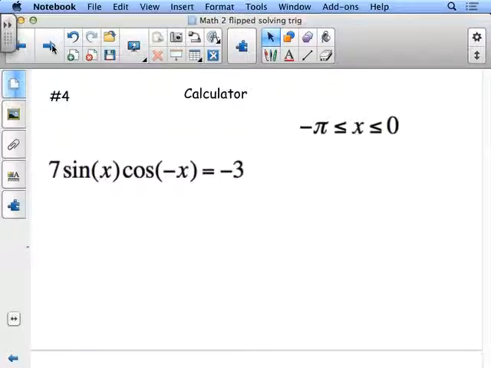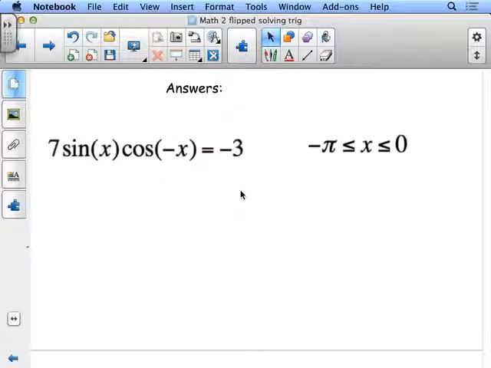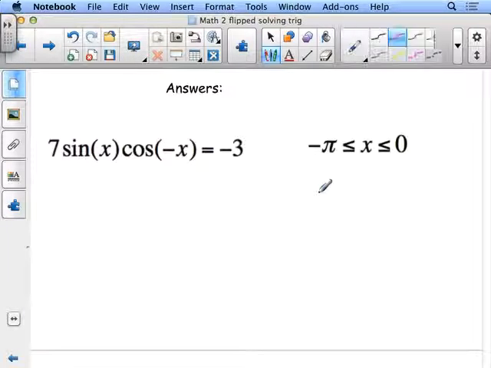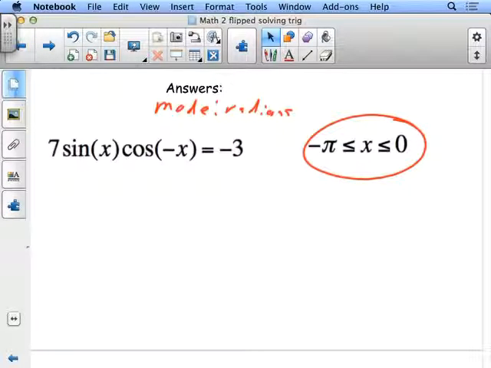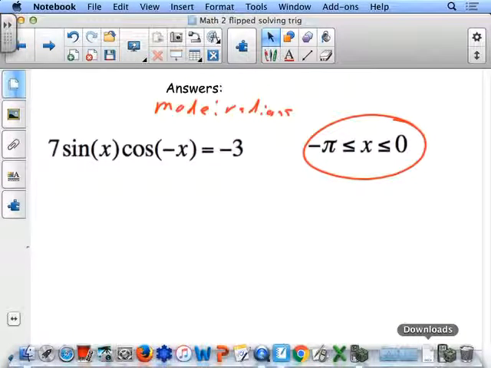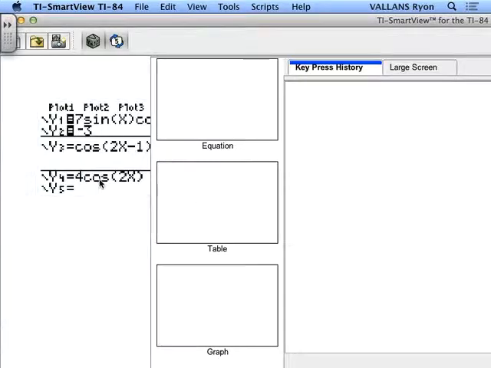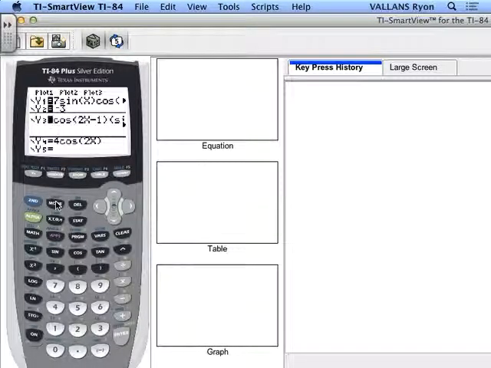All right. So, trying to solve this with a calculator, what we have to notice is this here. Our range is from negative pi to 0. This is huge. And we want to make sure our mode is in radians. So, if I bring up the calculator, and let's go to the front screen.